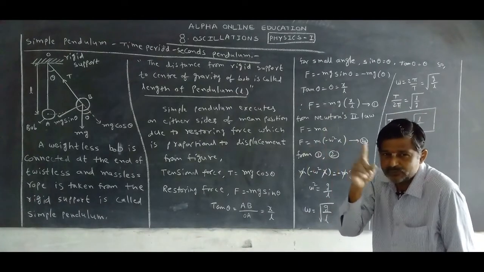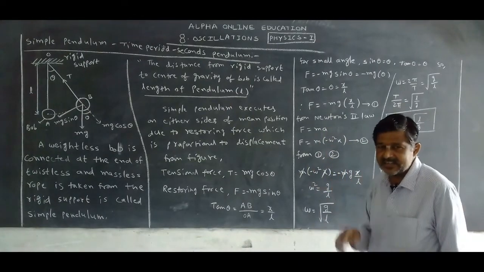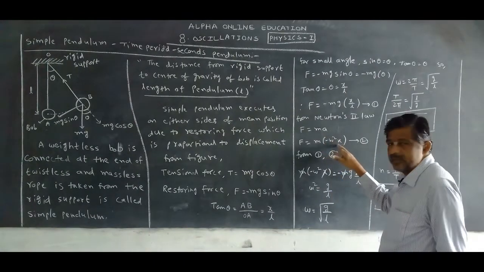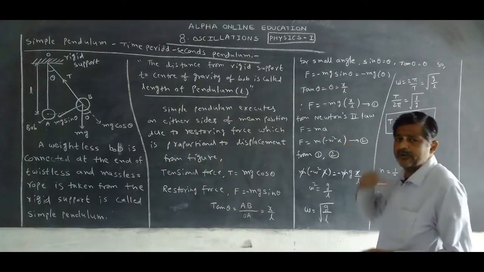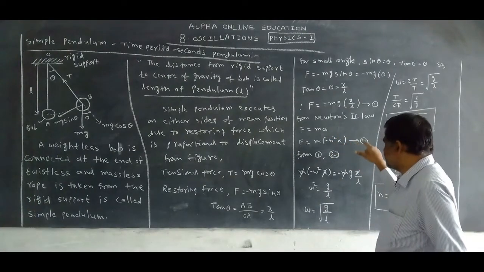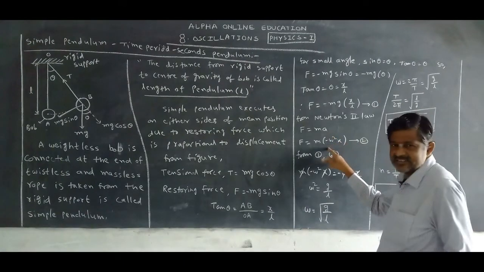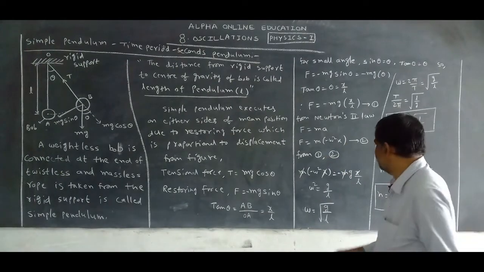When the particle moves along the circumference of a circle with uniform angular velocity, a is equal to minus omega square x. You must remember this, it is a very important point. Let us take this as equation 2: a is equal to minus omega square x. It is from the SHM condition, the simple harmonic motion condition.